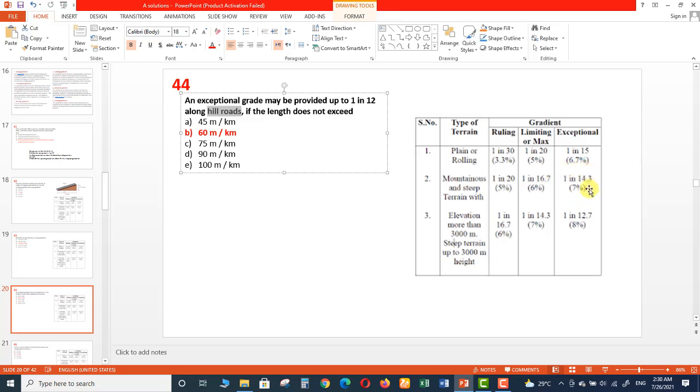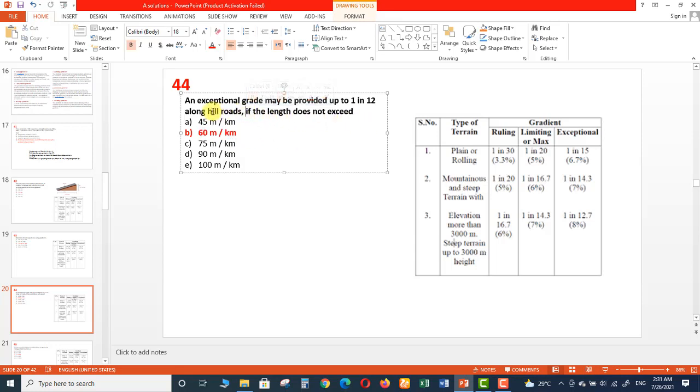This is the ordinary situation, but they are saying that an exceptional grade may be provided up to 1 in 12. The ordinary ratio is 1 in 14.3, but we can provide 1 in 12 if and only if the road length does not exceed 60 meters per kilometer.